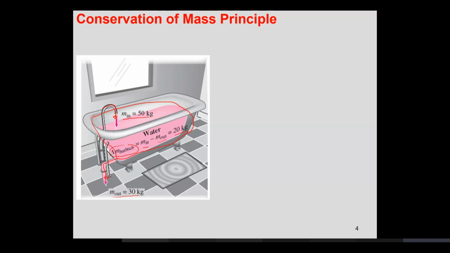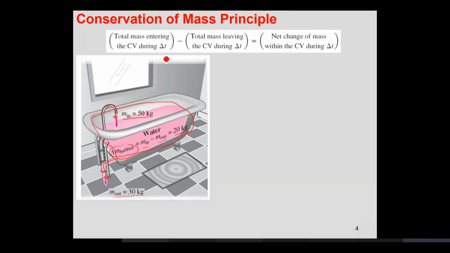It is essential that I am aware of the time for which this process has taken place. So the conservation of mass principle says that the total mass entering the control volume during the time delta t, so you are referring to a specific amount of time, minus the total mass leaving the control volume during the same time interval is essentially equal to the net change in mass of the control volume for that time interval.